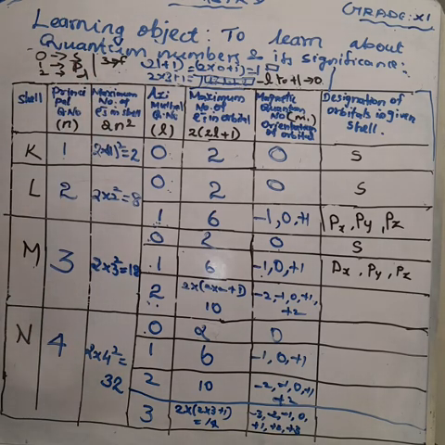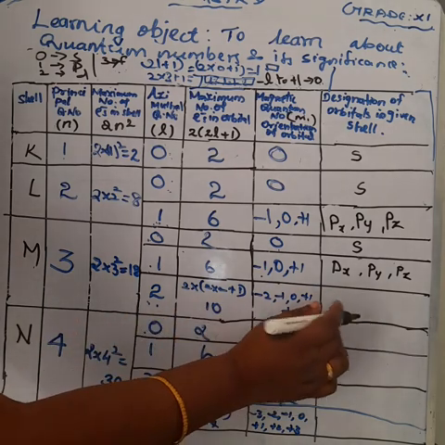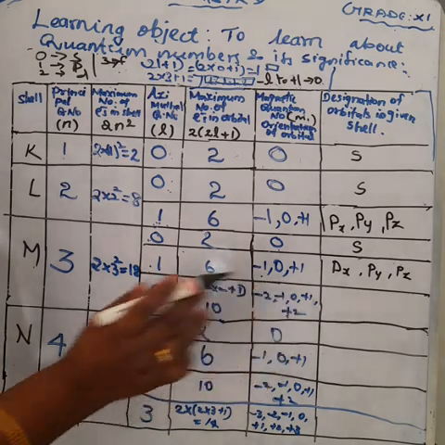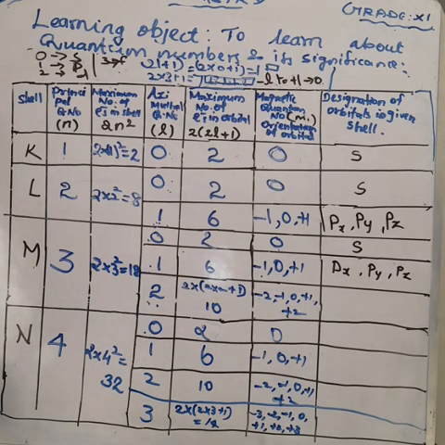D orbital, how will you write the orientation? How many orientations are there? 1, 2, 3, 4, 5 orientations. In D orbital there are 5 orbitals in total. How will you write the orientation?